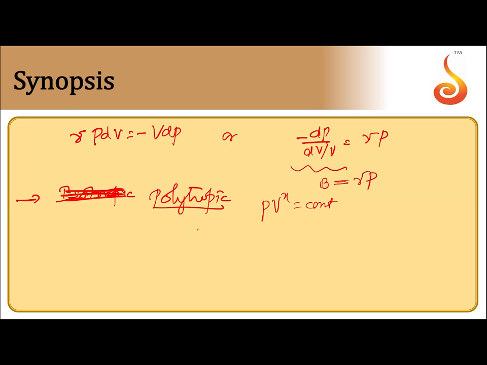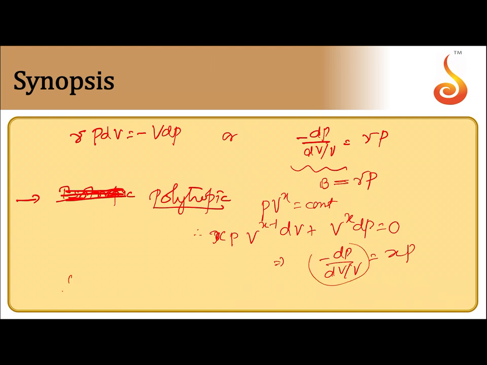So similarly, I can write x into P V to the power of x minus 1 into dV plus V to the power of x dP is equal to 0. That gives us minus dP divided by dV by V is equal to xP. But this is bulk modulus, so bulk modulus is equal to xP. So in general, we can write bulk modulus as xP.